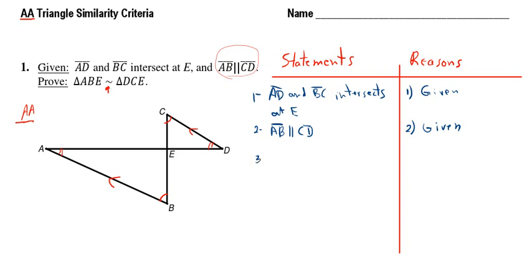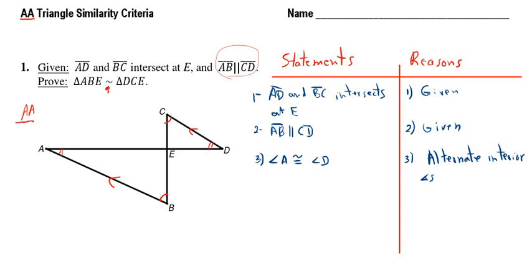Let's say, Daniela, what can we put in number three? Which is already in our diagram. Yes, and the reason would be alternate interior angles.